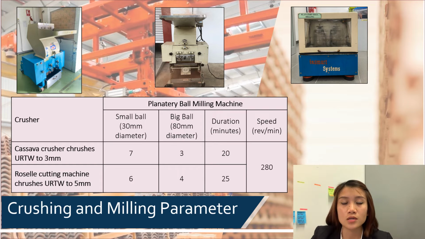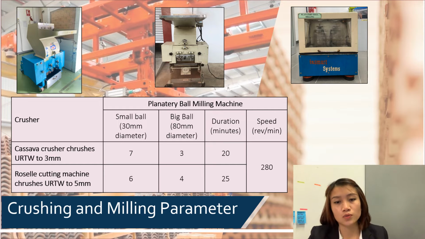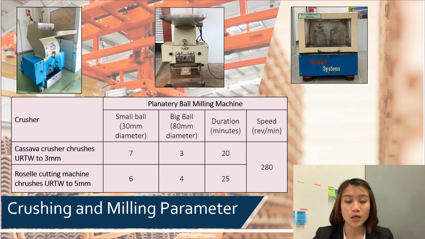Since I mentioned earlier that in stage 2 I used 2 different types of crusher machines, cassava and roselle, where the size of aggregate will be different, the planetary ball milling machine parameter will be different.